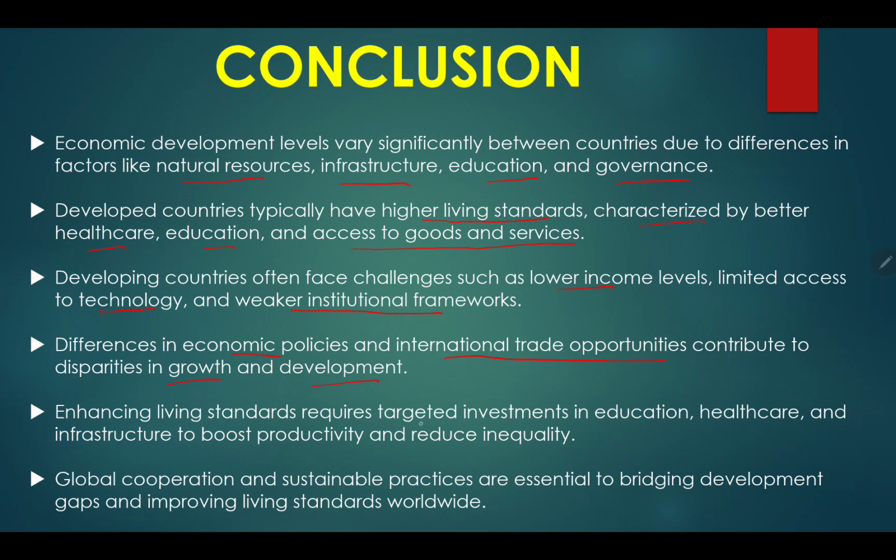Enhancing living standards requires targeted investment in education, healthcare, and infrastructure, which can boost productivity and reduce inequality. And a country can become an emerging developing country. Global cooperation and sustainable practices are essential to bridging the development gaps and improving living standards worldwide.